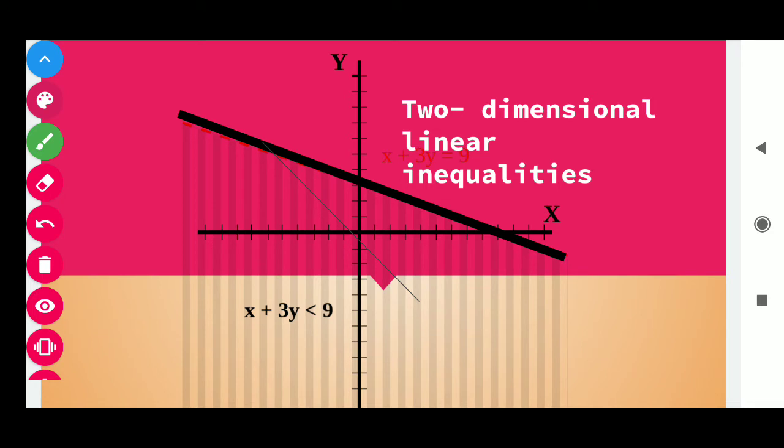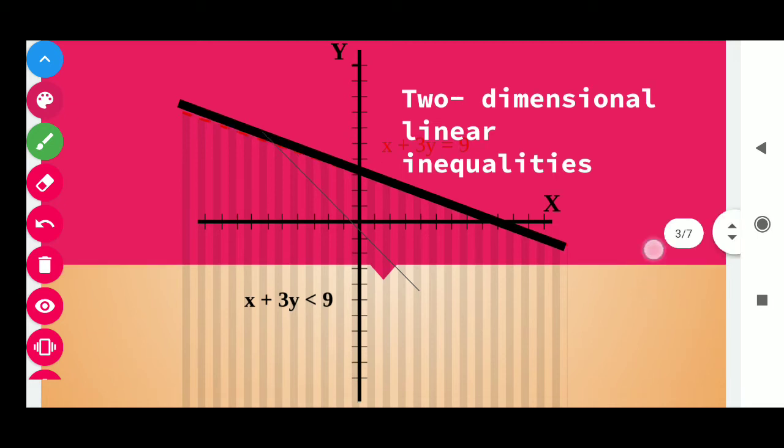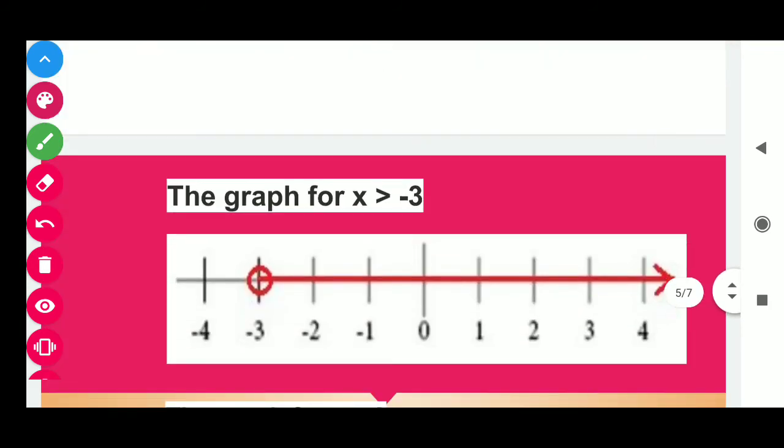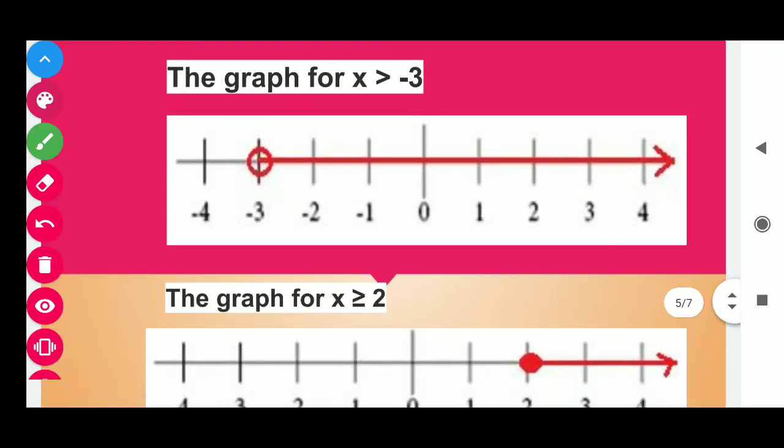So students, this is the example of two-dimensional linear inequalities. Now, solving linear inequalities, you can see here the real line, and here we have to make a graph for x greater than minus 3. Students, this is an example.